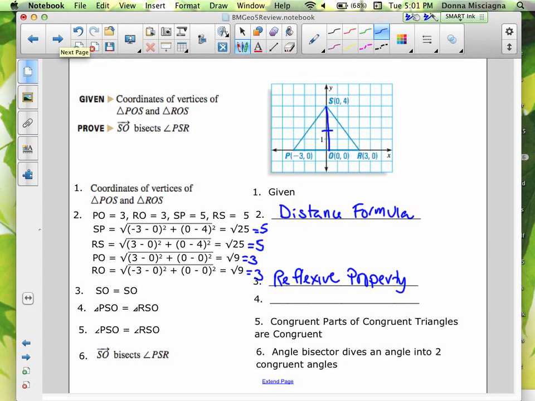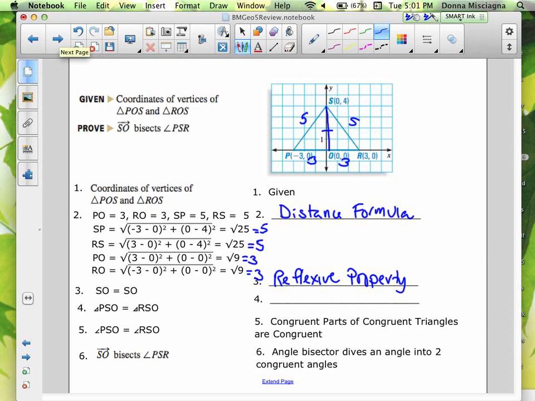I think if we write some of the information down on our picture, it'll make it a little clearer which of our triangle congruence postulates we're using. So this was 5, SR was 5, and then PO is 3, and RO is 3. So these are 3, and this is 3. Well, you can see that PO is congruent to RO.